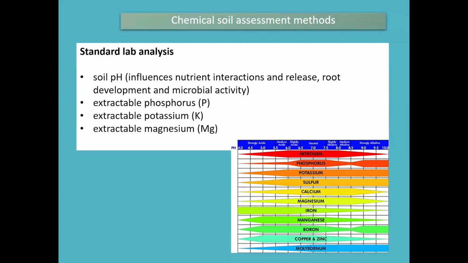Mainly I'm talking about soil pH, which has such a strong influence on nutrient interactions and release, root development, microbial activity, everything. And then also extractable phosphorus, potash, and magnesium. So those are the main ones. You might want to look at trace elements as well in some situations, but not normally.